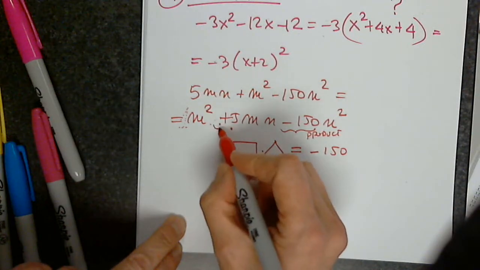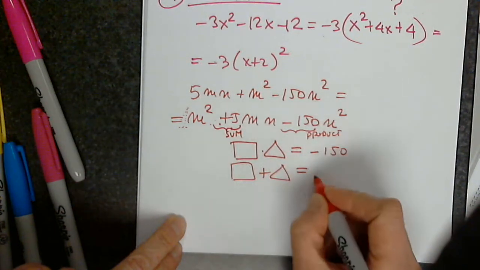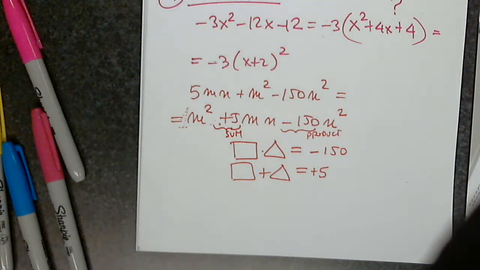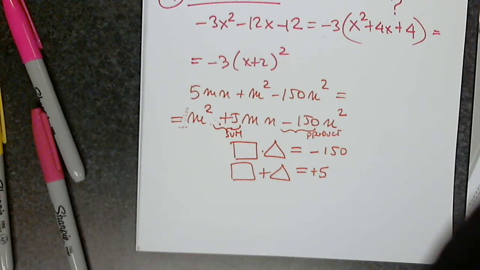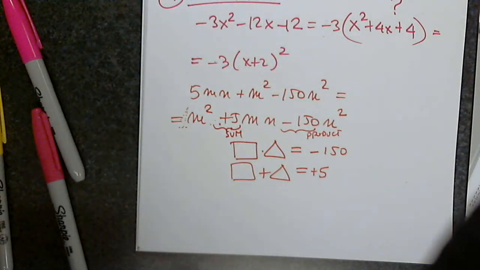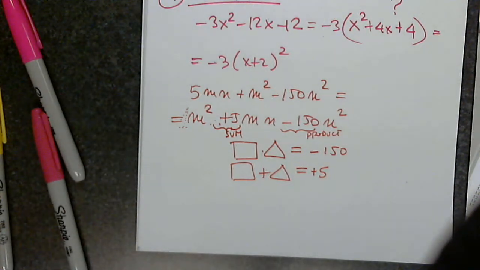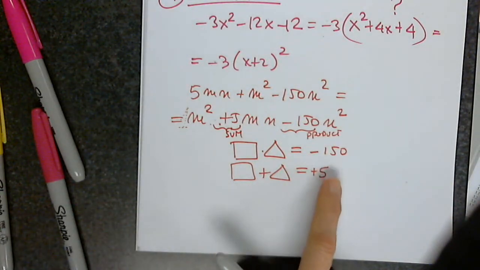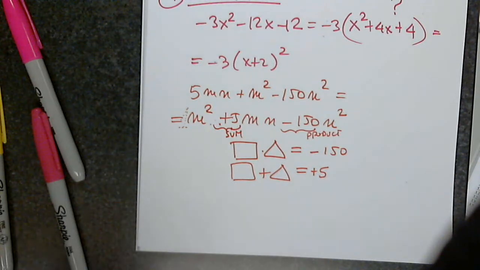And the sum is this, positive 5. Yes, 150 is kind of a large number. So I have the following options. I either start thinking, okay, how do I find 2 numbers whose product is a negative number, which means one is positive and one is negative, and whose product is negative 150 and whose sum is 5.